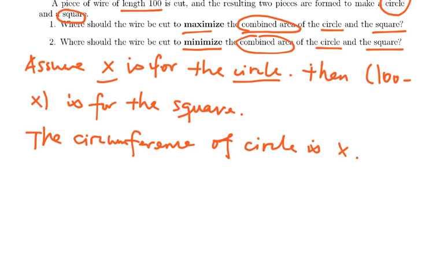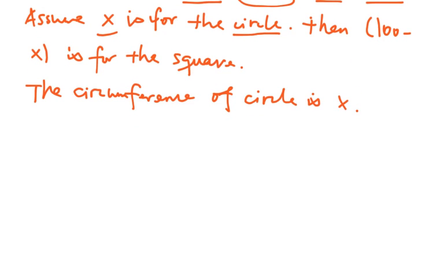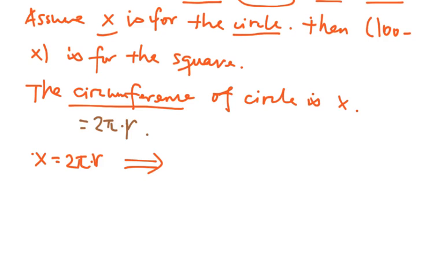But we know that the circumference of the circle is given by 2 times pi times the radius r. So we can conclude that x is equal to 2 pi times r, and from here we can solve for r. The radius of the circle is given by x divided by 2 pi.